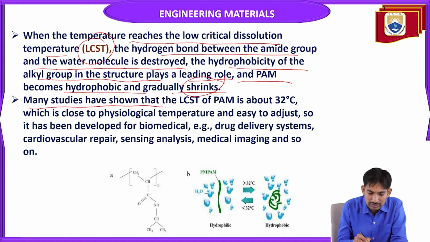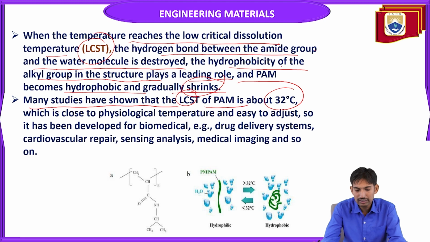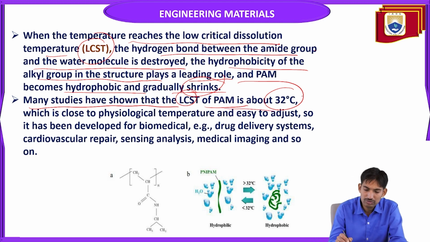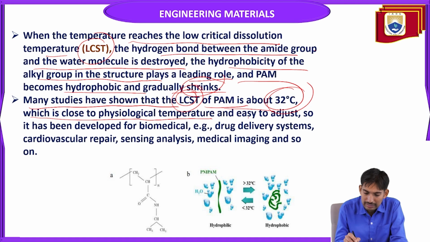Many studies have shown that the LCST of PAM is about 32 degrees centigrade. Above this LCST there is no hydrogen bonding between the polyacrylamide and water molecules, and the PAM is in the shrunken form.